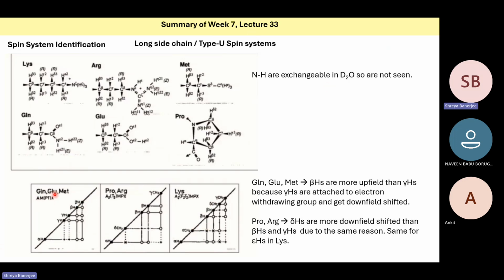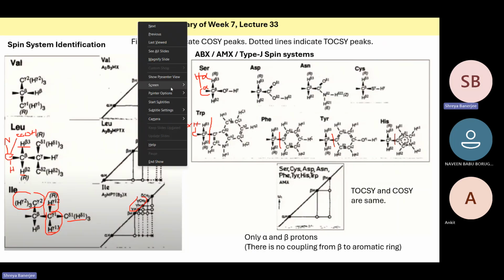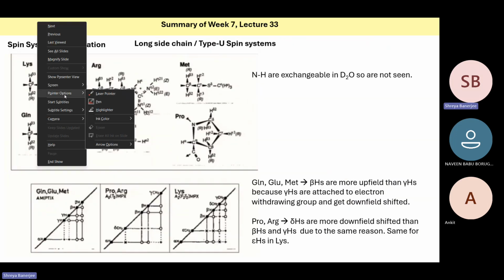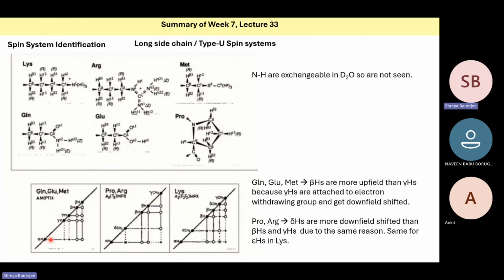First we will look at glutamine, glutamic acid, and methionine. One thing to note is that in the earlier amino acids, the chemical shift went from alpha to beta to gamma, then delta. So as we move from alpha to delta, it went more upfield. But in this case, alpha is most downfield, but gamma is more downfield compared to beta.